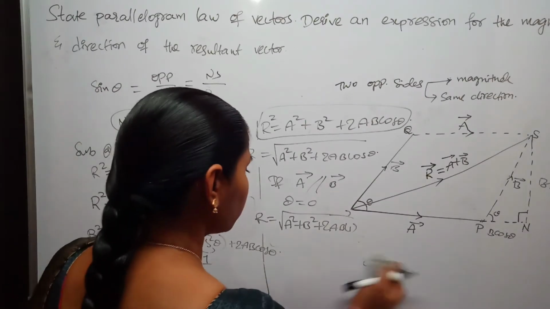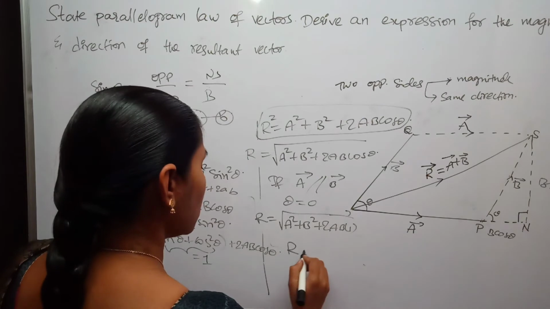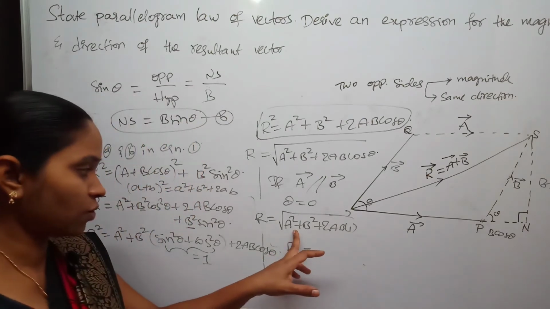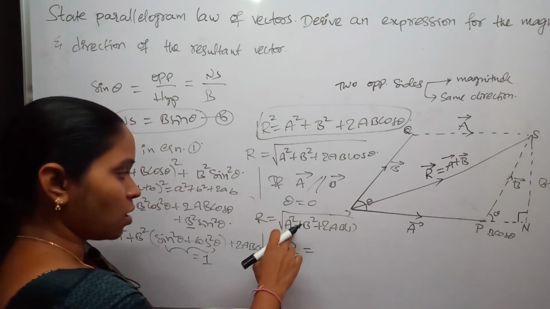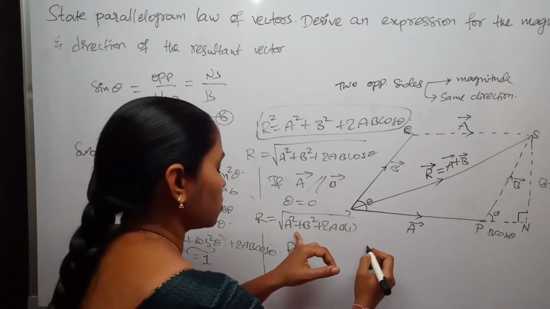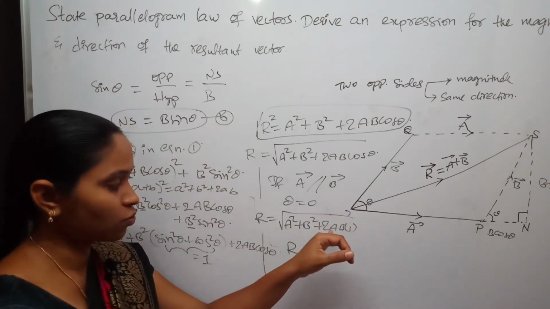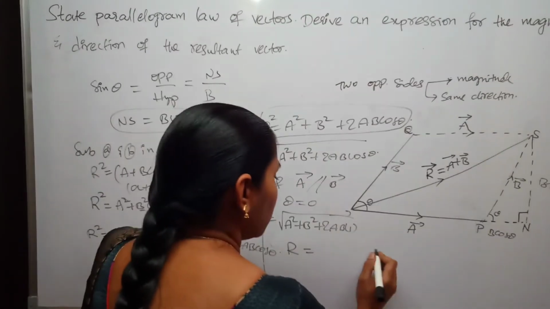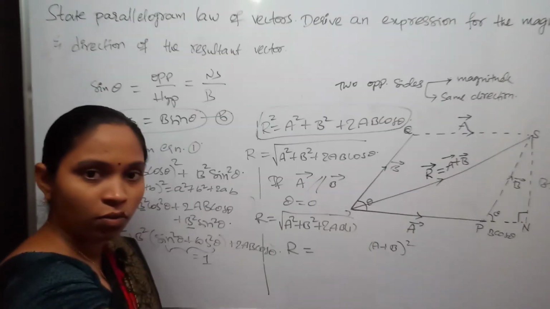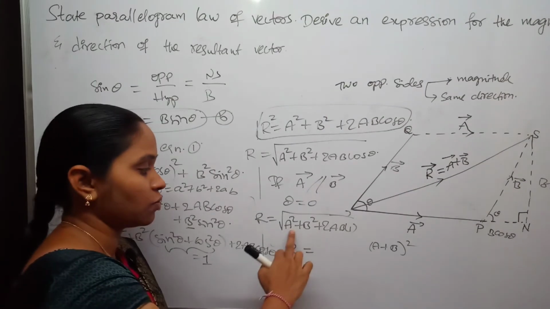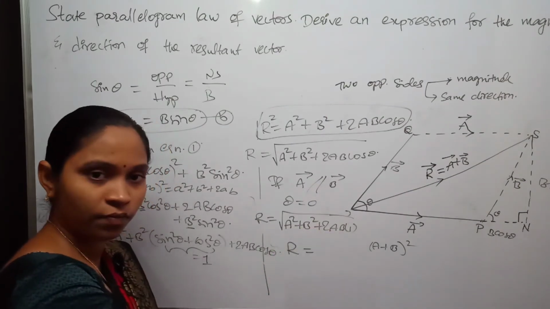Therefore the resultant vector R, if you observe carefully, A square plus B square plus 2AB is equal to (A plus B) whole square, right? What is (A plus B) whole square? A square plus B square plus 2AB.